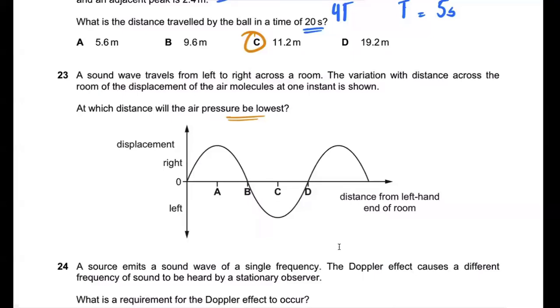All right. So if you look at this one here, air pressure being the lowest basically means that the examiner is talking about a rarefaction, right? Because for the air pressure to be lowest, the air molecules are most widely spaced.